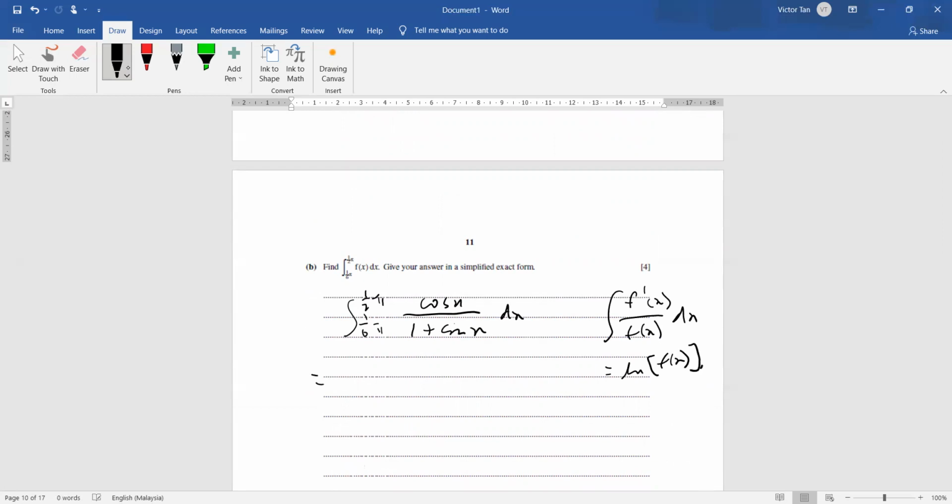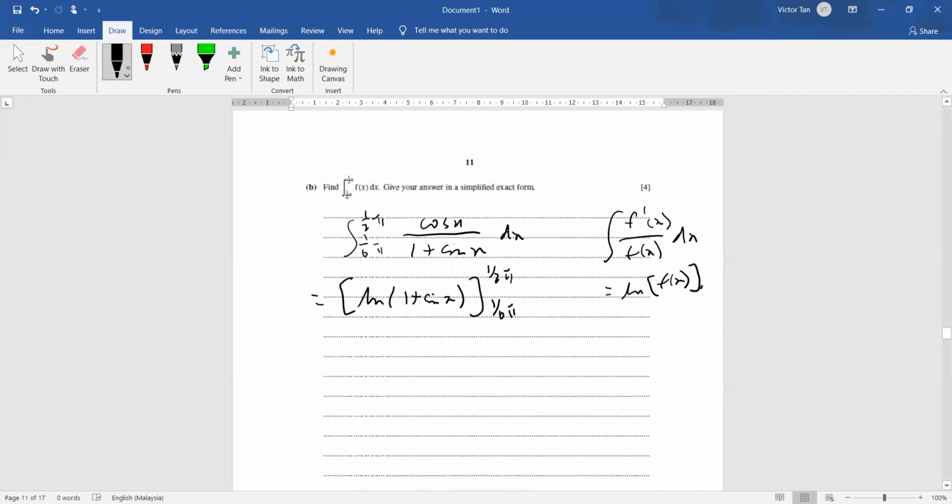Differentiating 1 plus sine x, you get cos x. So the answer is ln of 1 plus sine x, from 1 over 6 pi to half pi. Sine of half pi is 1. So 1 plus 1 is 2. So this is ln 2 minus ln of 1 plus sine of 1 over 6 pi, which is half. 1 plus half is 3 over 2. 2 over 3 over 2 is 4 over 3. Ln 4 over 3. That's the answer.